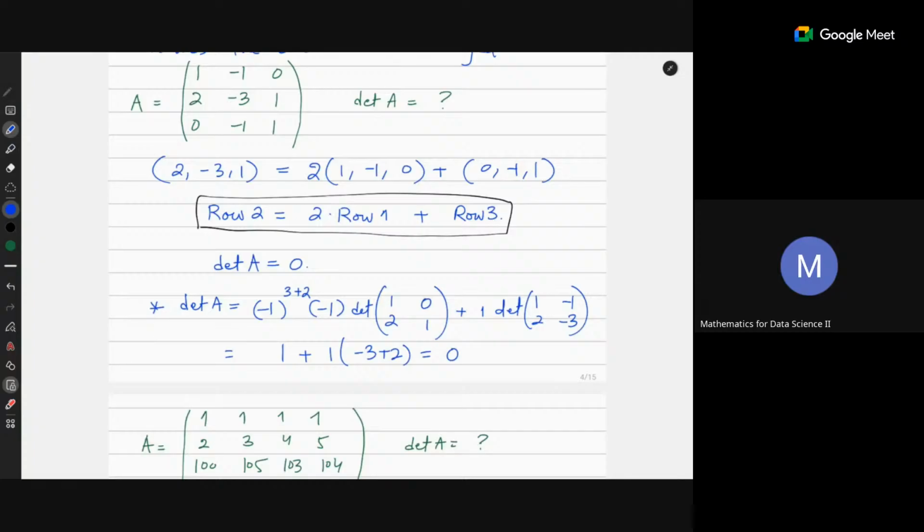All right. So this is another property of the determinant. If a row is a linear combination, so this is called a linear combination. You will see this term later also.